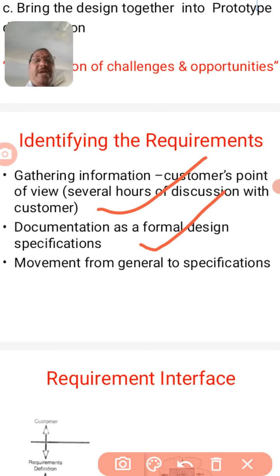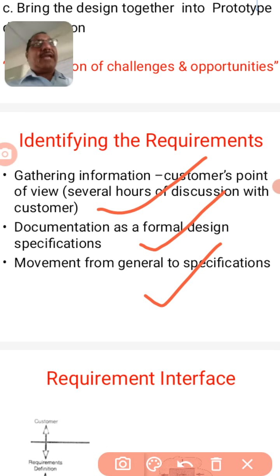Then we will switch from general to specifications. Movement from general to specification means the requirement is, suppose, room temperature, and from that requirement we will switch to the actual use of processors. Then microcontrollers is one type of specification we will design.